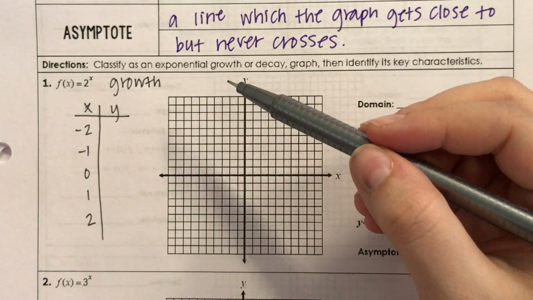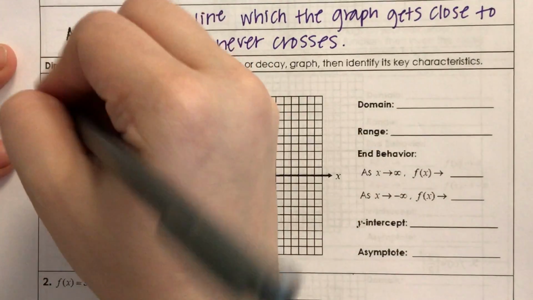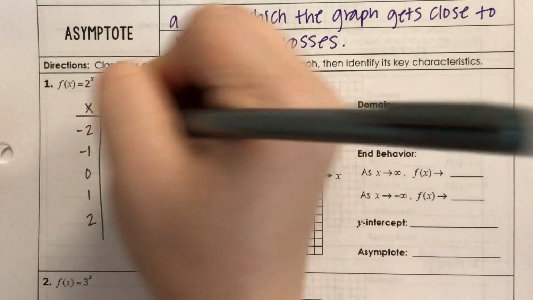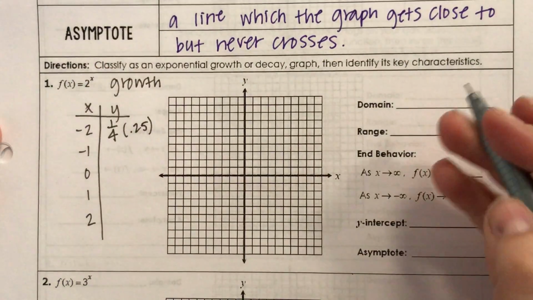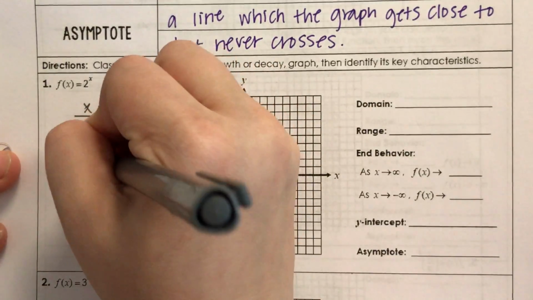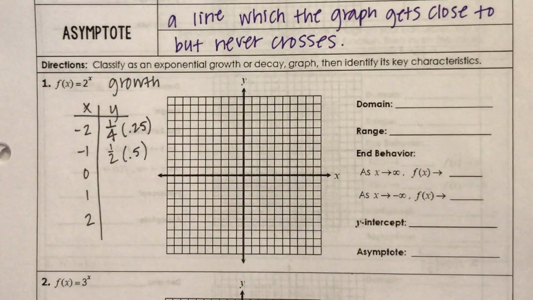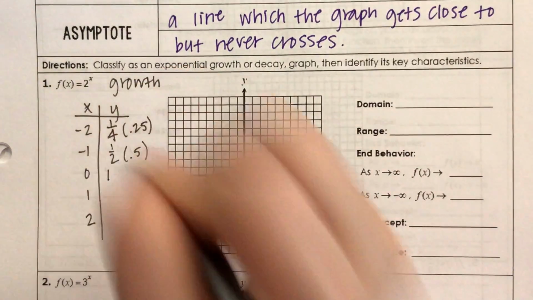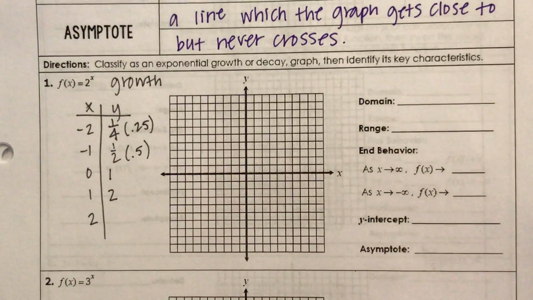So this now becomes 1 over 2 to the 2nd power, which is 1/4, or 0.25 if you want a decimal. 2 to the -1 power makes it 1 over 2, so 1/2, or 0.5. Okay? 2 to the 0 power, well, anything to the 0 power is 1. 2 to the 1st power is 2, and 2 to the 2nd power is 4.